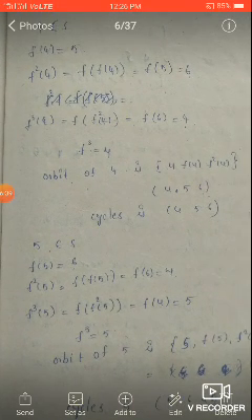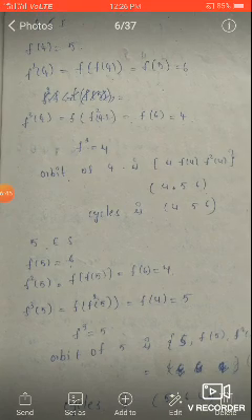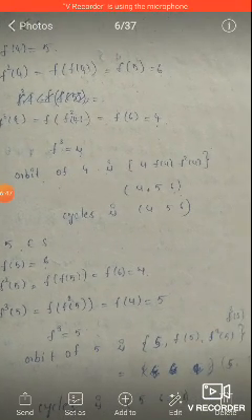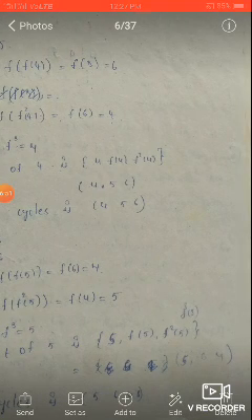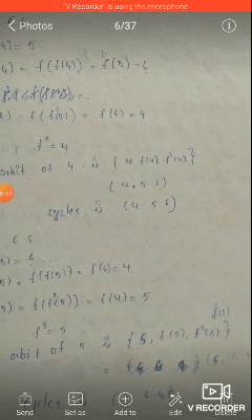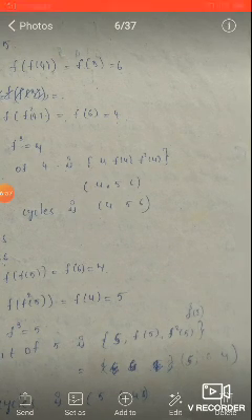The same element on left and right sides. So the orbit of 5 is 5, f(5), f square of 5, that is 5, 6, 4.